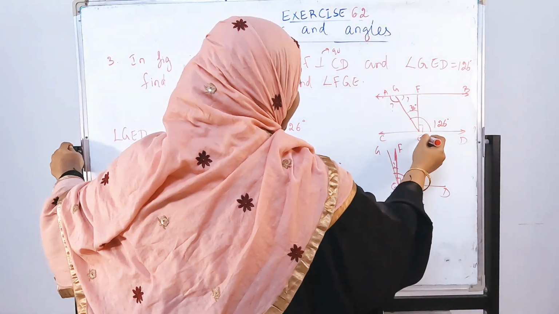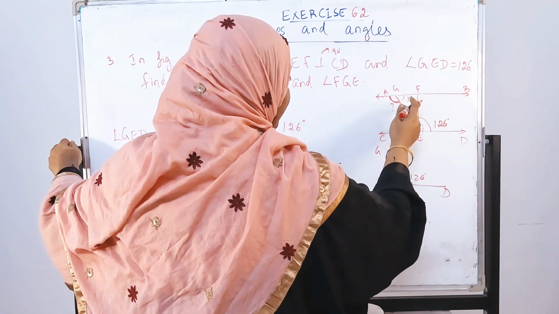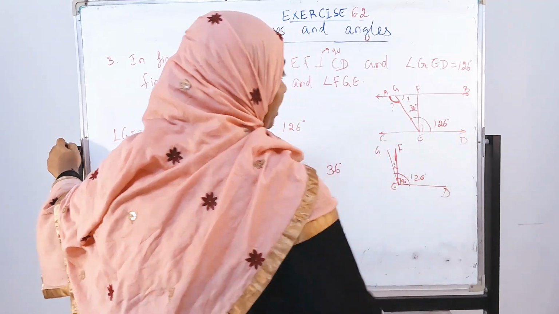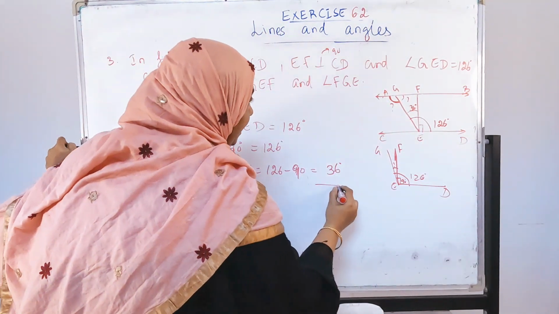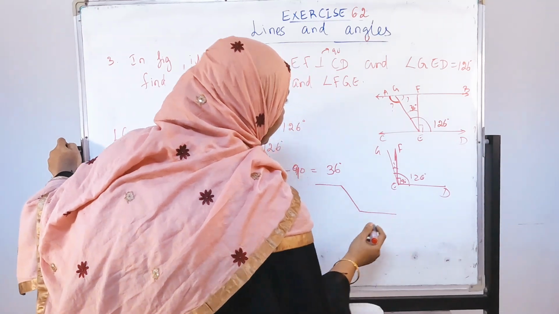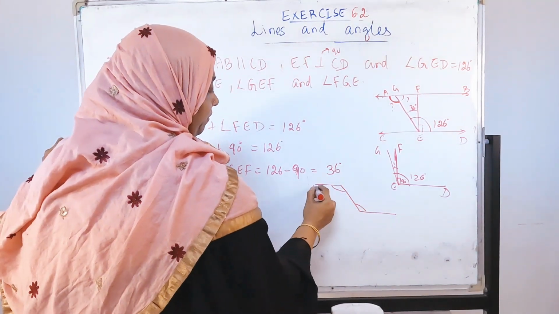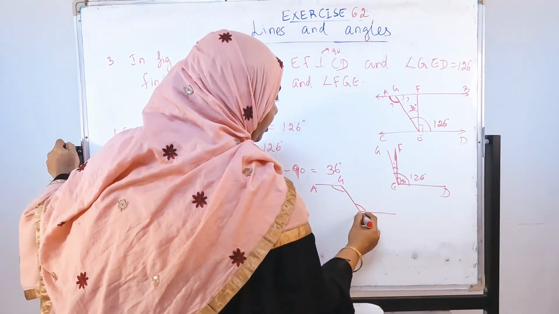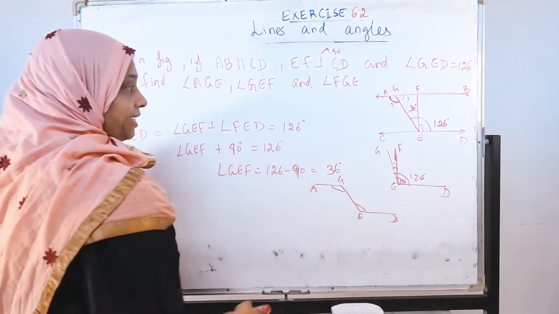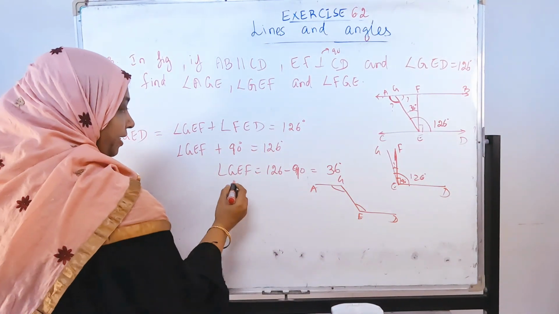Then AGE, this AGE and GED are equal. How? AGE and GED have the same width, we can see in this gap. So it is alternative interior angle because it is a parallel line, so we can use alternative interior angles.